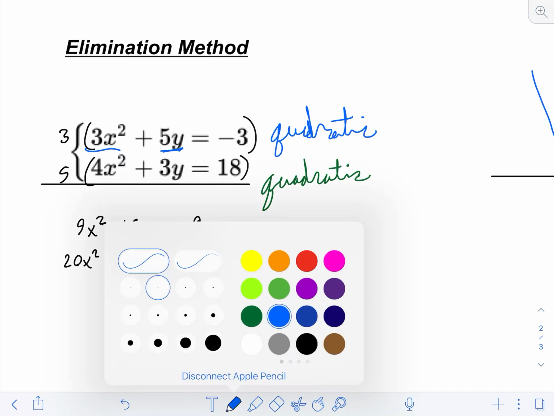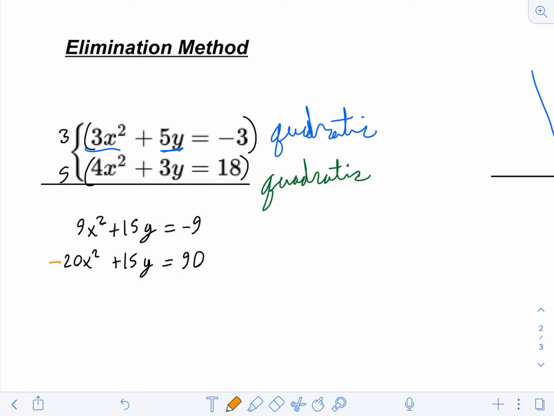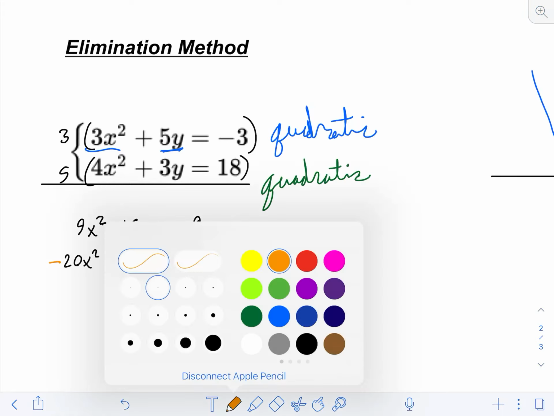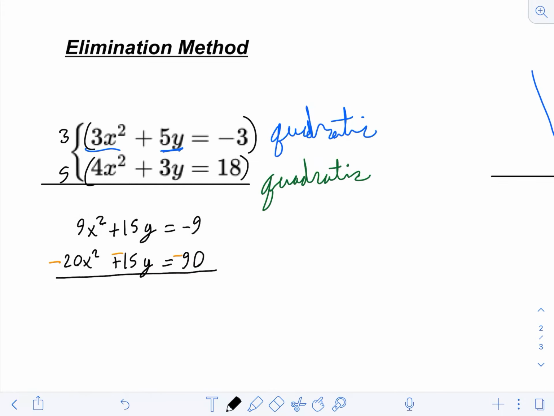Pretty simple. Let me switch colors here. Subtract that, subtract that, subtract that. We're subtracting the whole thing in elimination. Whenever we do so, we end up with 9 minus 20, which is negative 11x squared, and negative 9 minus 90 equals negative 99.